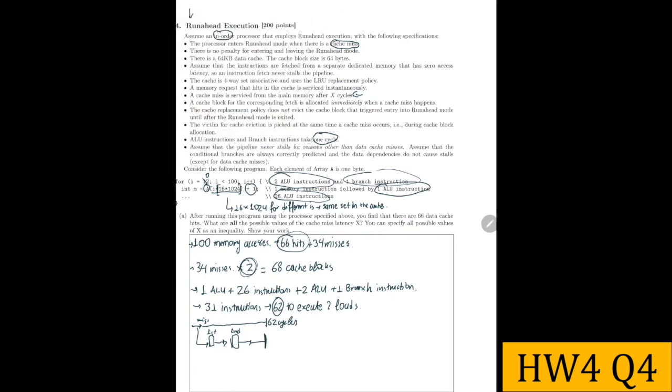But the problem is the following. We need to find the upper bound of the inequality right now. If the miss is served after 92 cycles, then here we won't spend 62 to execute 2 loads, but run ahead will spend 92 and it will execute 3 loads, 3 prefetches.